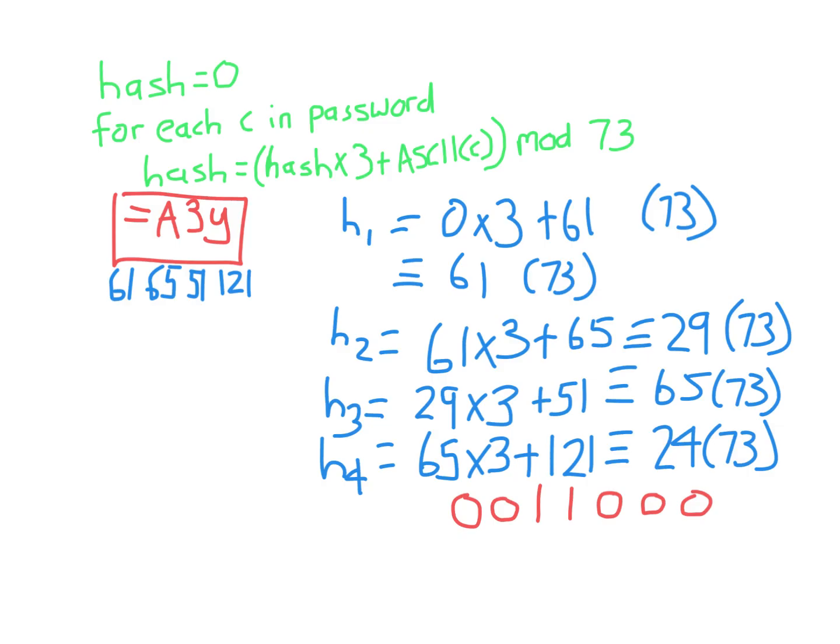So these would often be displayed in the table in hex, so 24 in hex. So we'd have 1 in the 16s column, 8 in the units column. Now we usually write 0b at the start to indicate this is a binary number, 0x to indicate that this is a hex number.